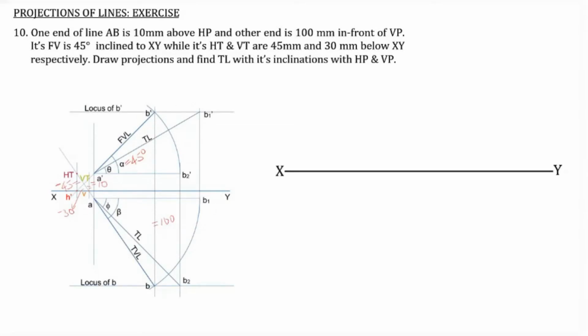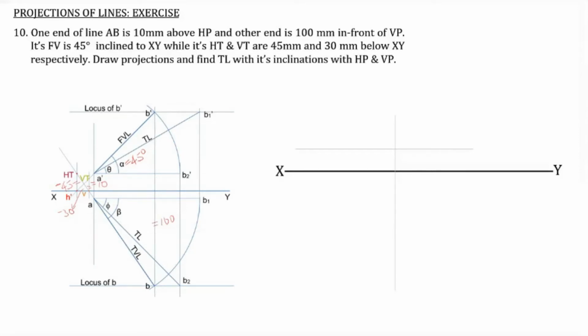So first we draw the XY line, then we draw a vertical line, the projector for A, and then draw the horizontal line which is 10 millimeter above the XY line.